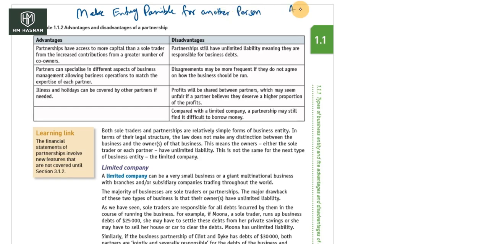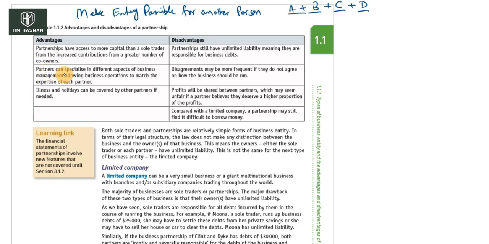For example, if there are two partners and the partnership business needs some more capital, it's very simple to hire partner C, and if you want to increase capital more, you can hire another partner, that is Mr. D. So you see, in partnership business, it's very easy to increase capital for the business. So it's an advantage of the partnership business.